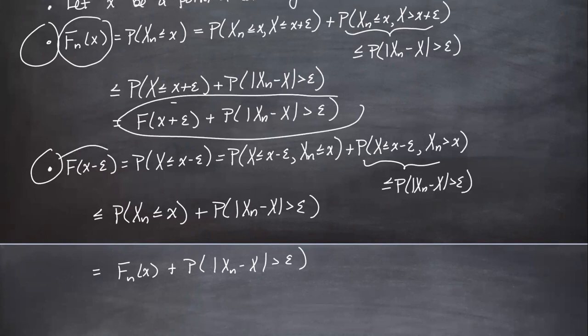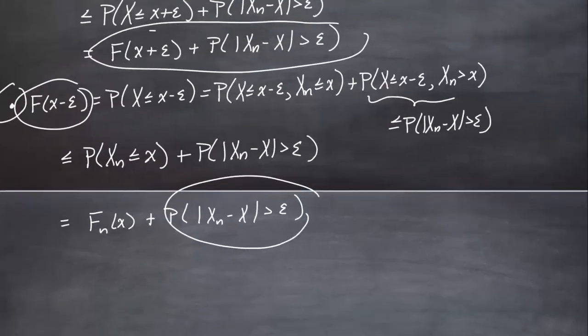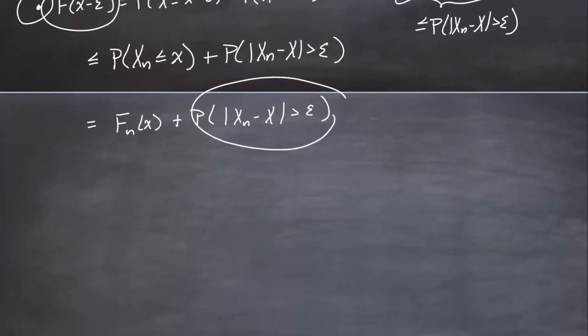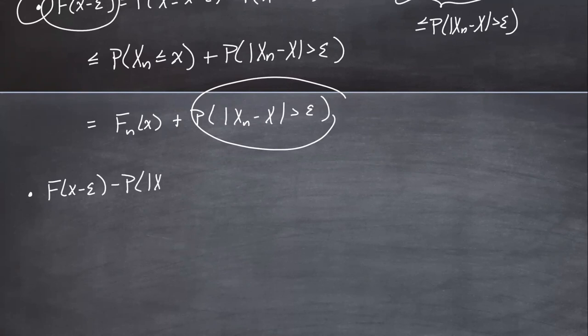And then I'm going to take this minus this. Well, you'll see what I'm going to do. I think I'm making it worse by trying to say all that. What we now know is that capital F of x minus epsilon minus the probability that |Xn minus X| is greater than epsilon is less than or equal to Fn of x.